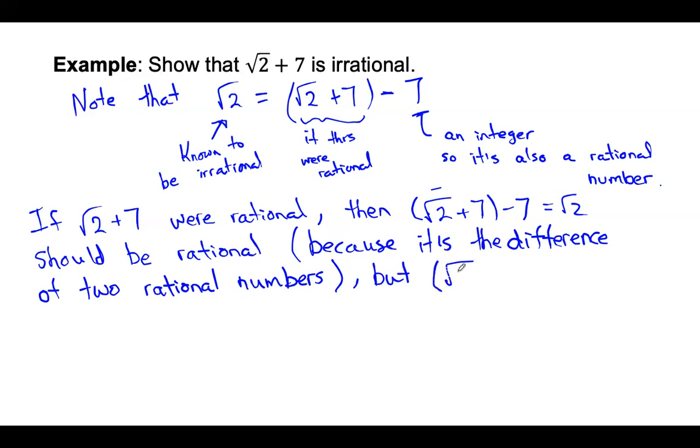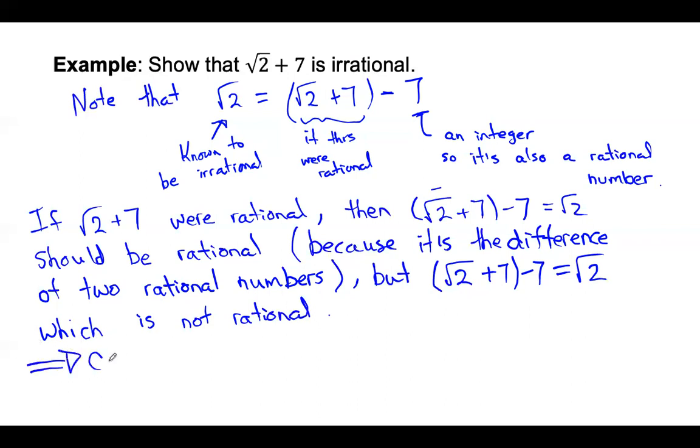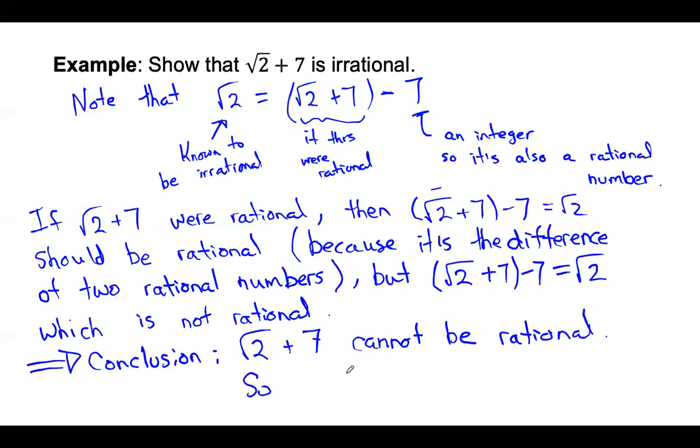So this is not rational. So therefore, the conclusion is, of course, that the square root of 2 plus 7 cannot be rational. So then it's irrational.